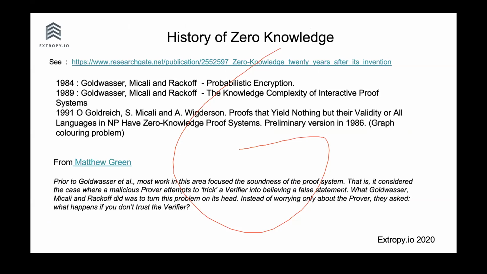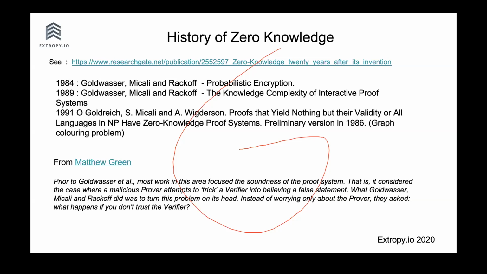oddly enough, it wasn't accepted for quite a while. It really made no impact for a number of years, but it was written by some of the great cryptographers. Micali, in fact, you may know, was the founder of Algorand in the blockchain space.